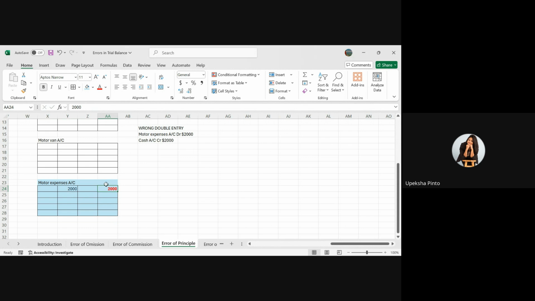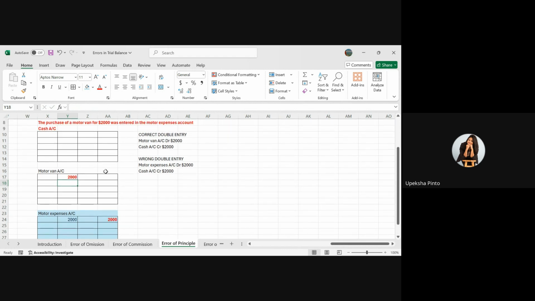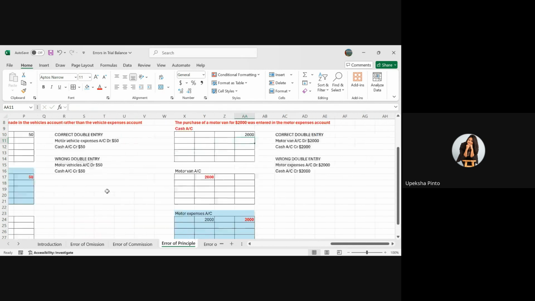And then I must put it to the correct account. What is my correct account? That is motor van. Motor van is 2000 debit. Remove from the old account, put it to the correct account. Cash account is still the same, nothing to do about it. So how do I correct it here?